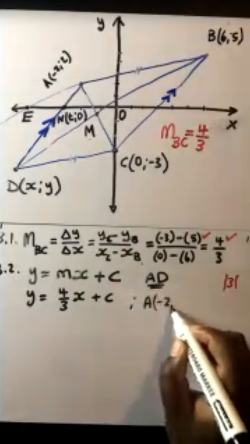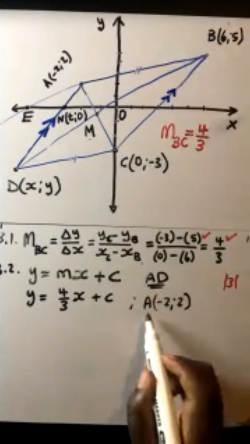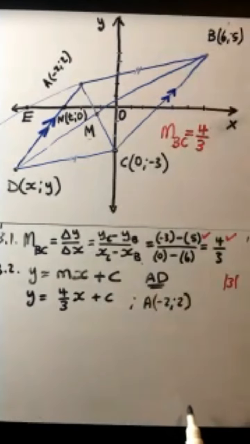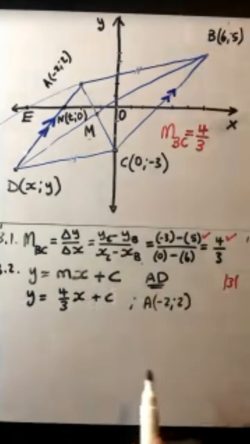Because it has both the X and the Y value. Why do we need to use that point? It's because we need to know the C value.